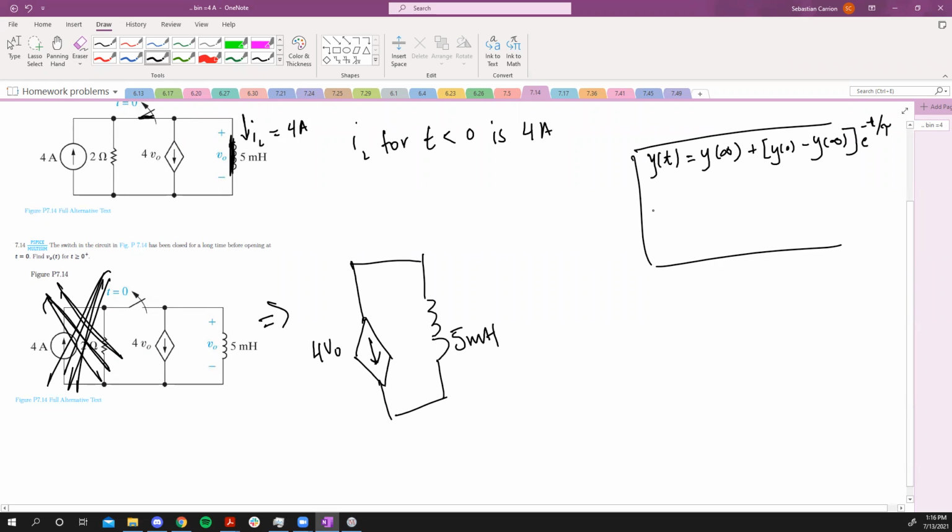But what we do know is that tau, for inductors, is the equivalent inductance over the equivalent resistance. Since we only have one inductor, our equivalent inductance is 5 millihenry, but we need to find an R equivalent.